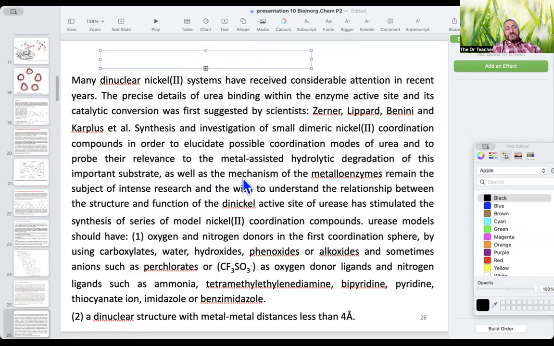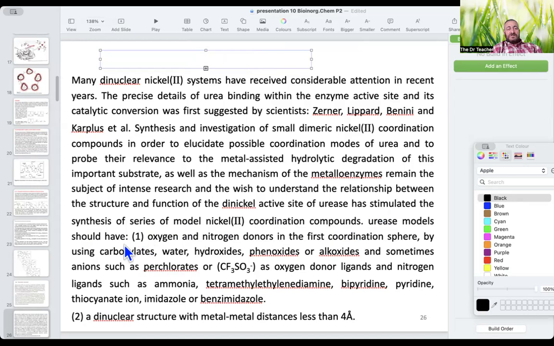So then I talked about the mechanism of the metalloenzymes, the main subject of interest. And we're here to provide the di-nickel active sites of urease simulated by synthesis of a series of model nickel 2 coordination compounds.